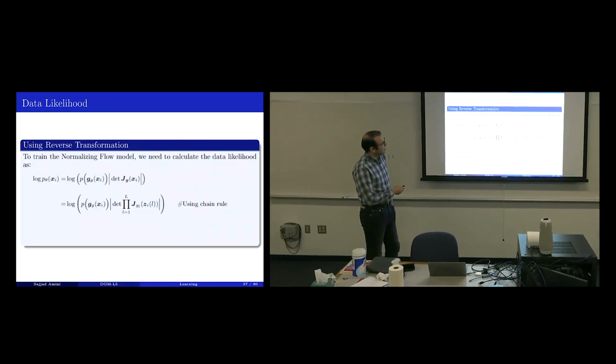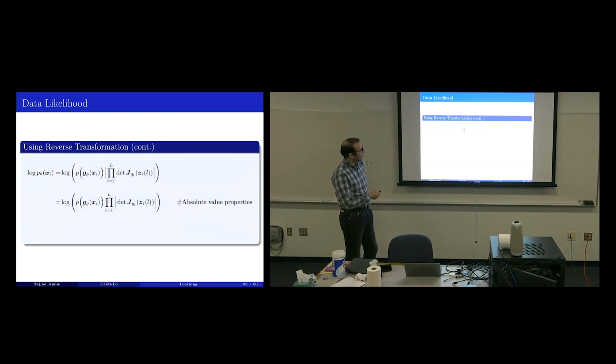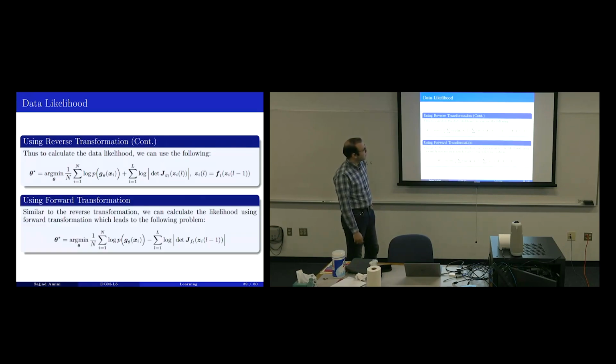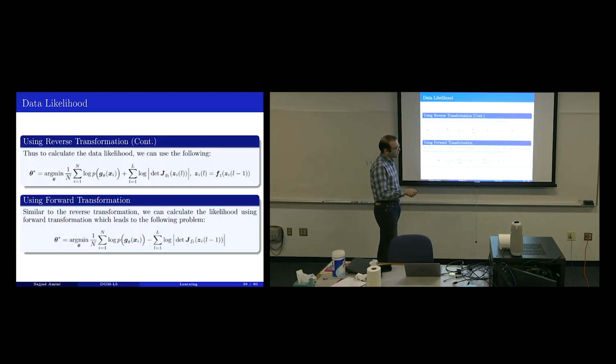This is the way we can calculate the likelihood of data. And finally, this is the term that we should maximize to have the maximum likelihood. This is the problem in terms of inverse transformation, G, and this is the loss in terms of forward transformation, F.